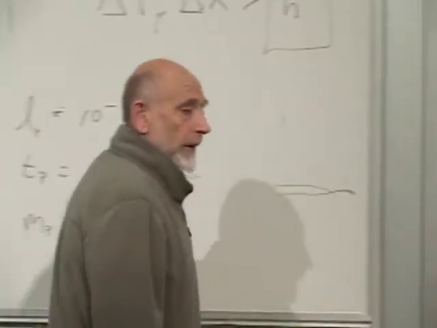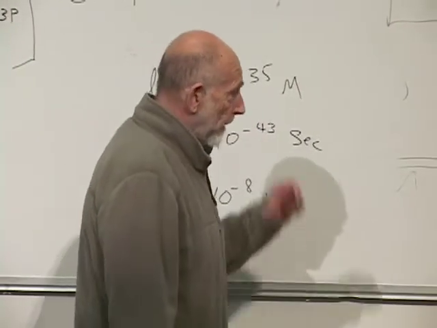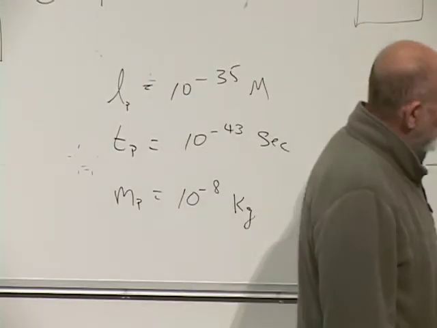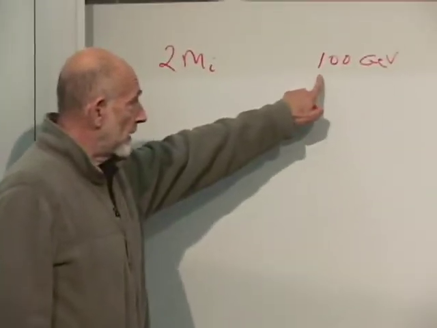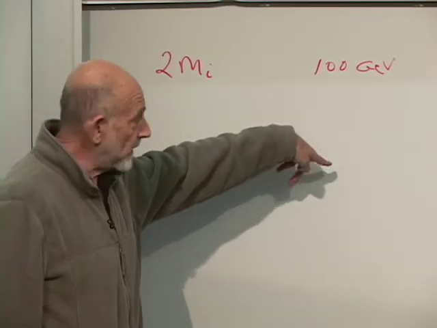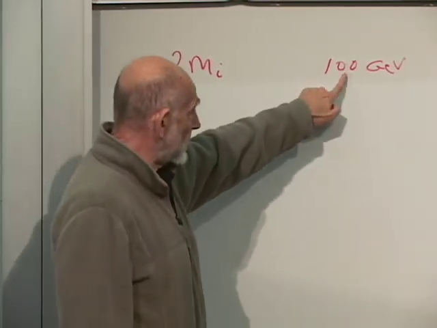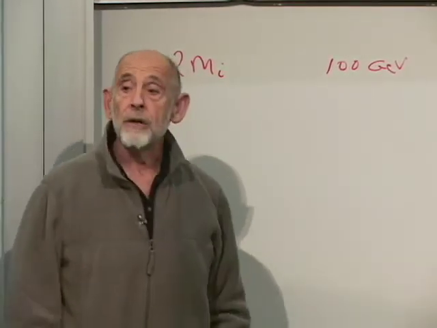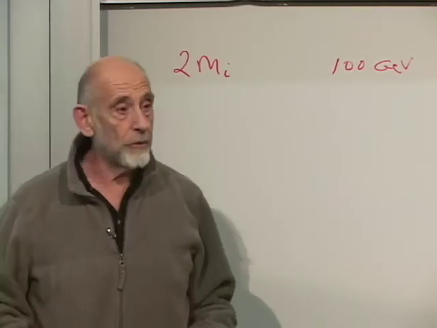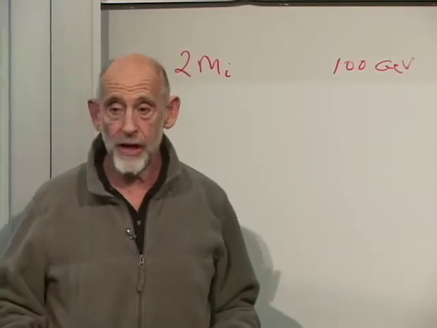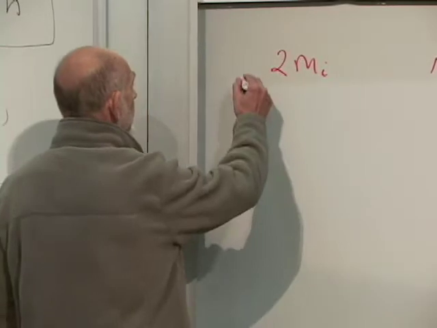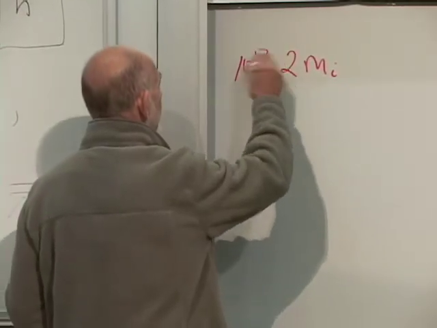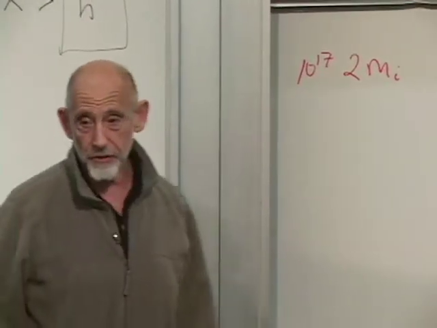All right, the Planck energy is about 10 to the 17th times bigger than this. It's 10 to the 19th GeV, so it's 10 to the 17th times larger. So with just the parameters of the SLAC accelerator, you can multiply this by roughly 10 to the 17th. So it would take 10 to the 17th miles.